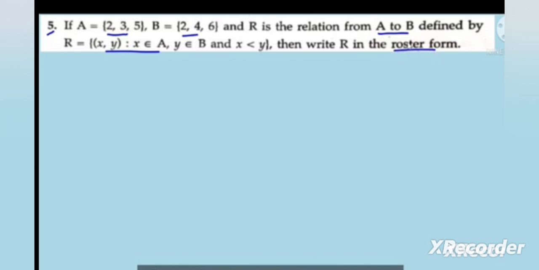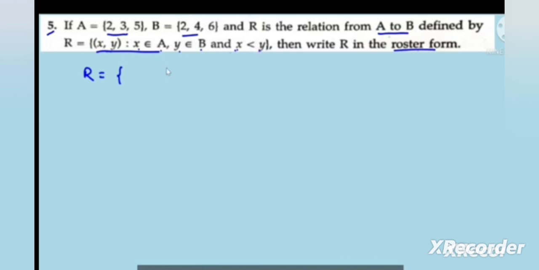See, in this sum, we have to find out the relation in the roster form where x belongs to A and y belongs to B such that x is less than y. That means the first element should be less than the second element.